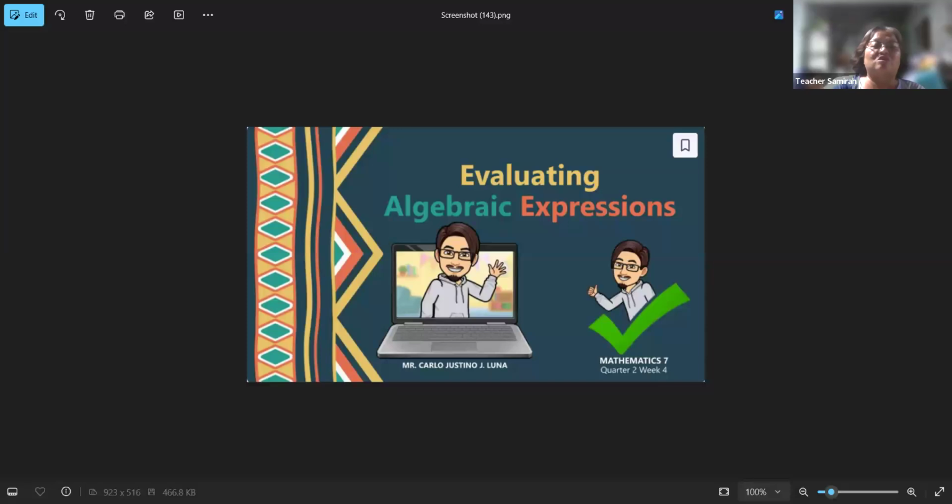This one is term. A term is a symbol, usually a letter, used to represent any unknown number. So a term is a symbol or a letter that represents any unknown number.